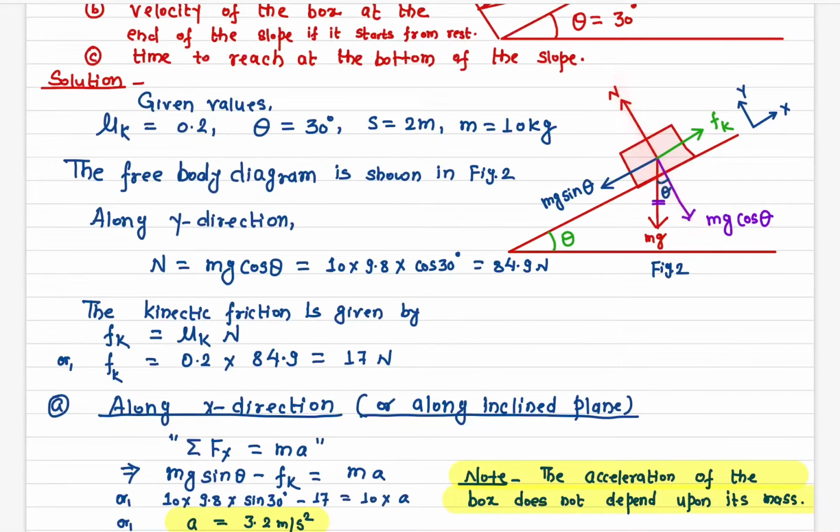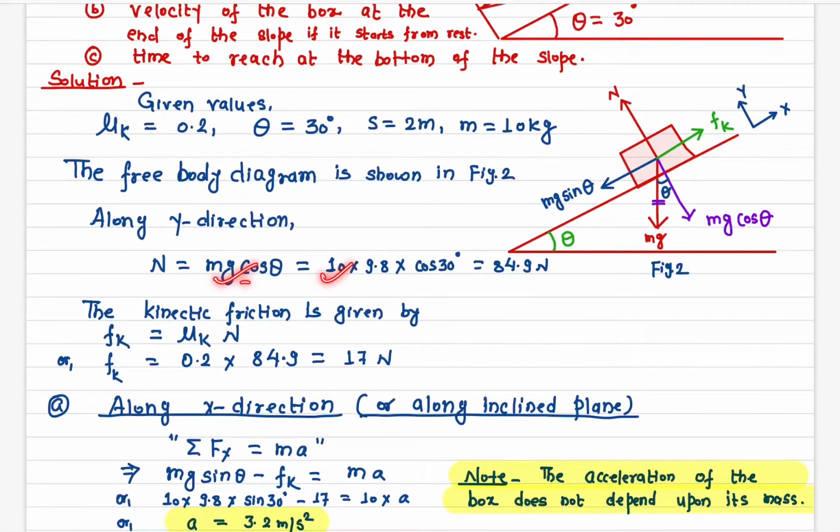As the object is not moving along this y direction, the N and mg cosine theta have to be equal, because it is not moving along this direction. So this force and this force must be equal and opposite. That's exactly what I have written here: N is equal to mg cosine theta.